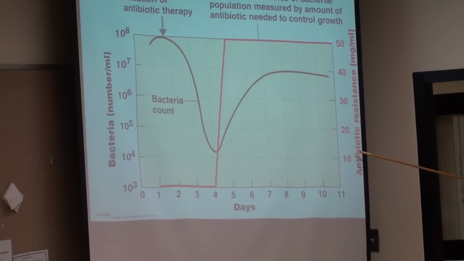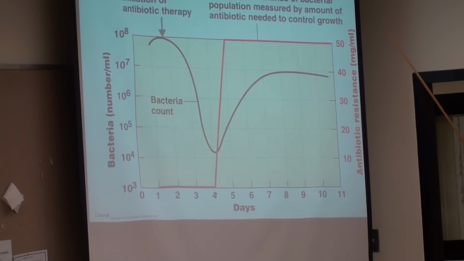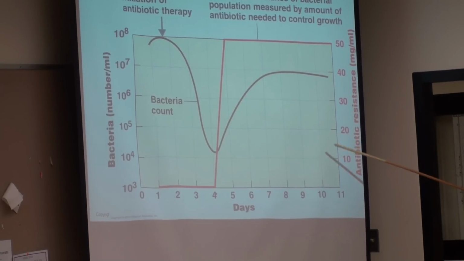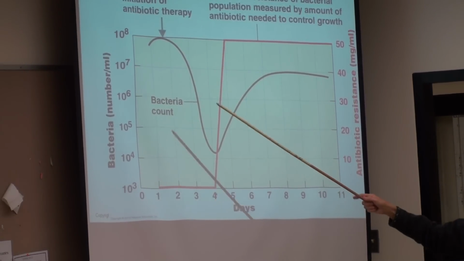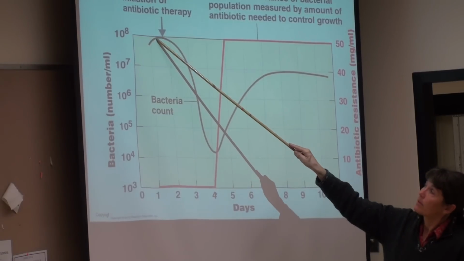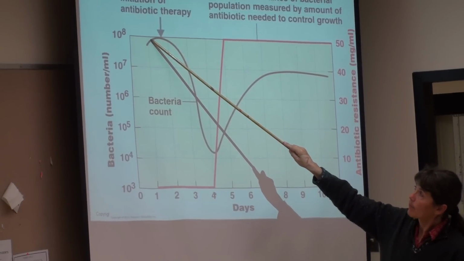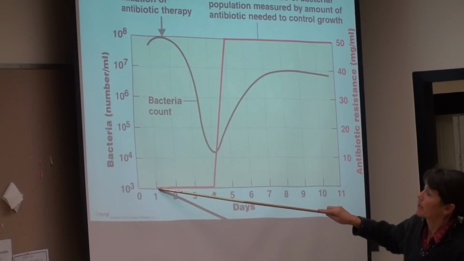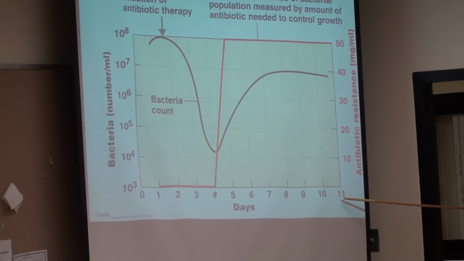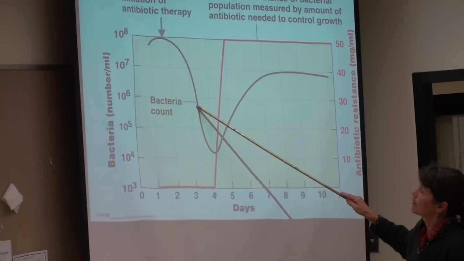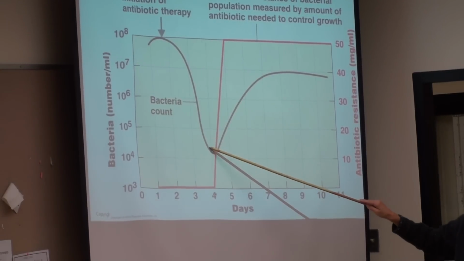And this is telling us how many milligrams per mil of blood, for example, was required to kill the bacteria. And what we see here is that initially at the start of therapy, we had high numbers of bacteria per mil. They started the antibiotic therapy at low levels, like 1 mg per mil. And we can see there's a dramatic death rate here. So most of the bacteria died.